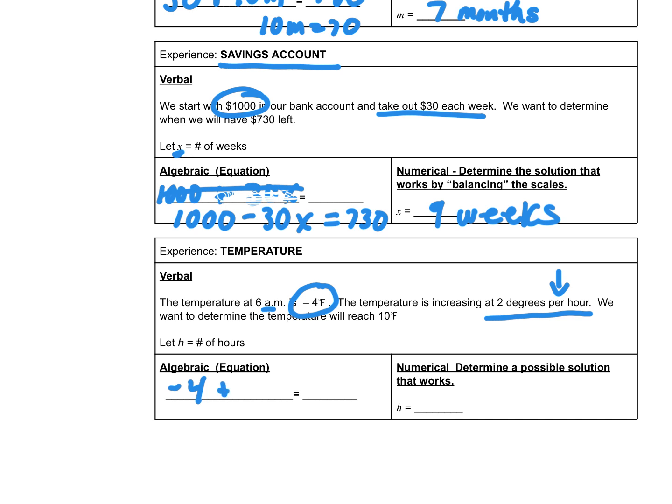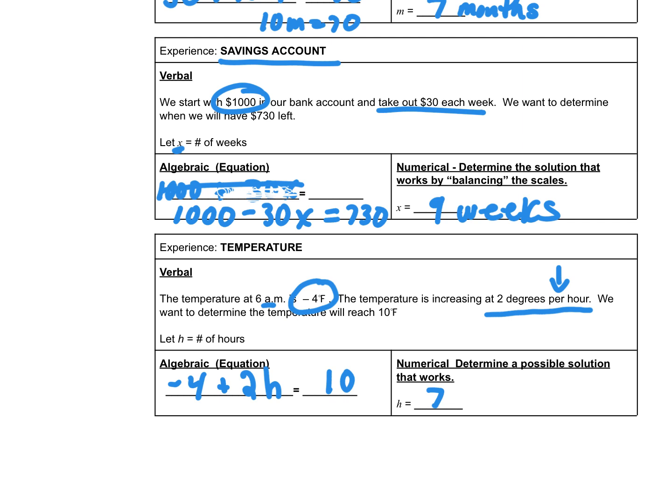And so it's increasing, so it's positive 2 degrees each hour. And then when it reaches 10 degrees, so 7 hours, we would add 14. Yeah. Moving along.